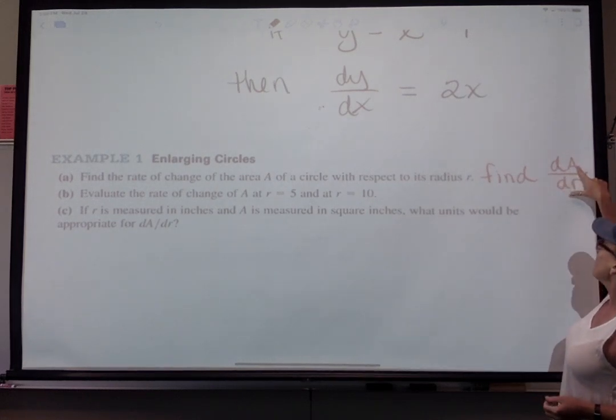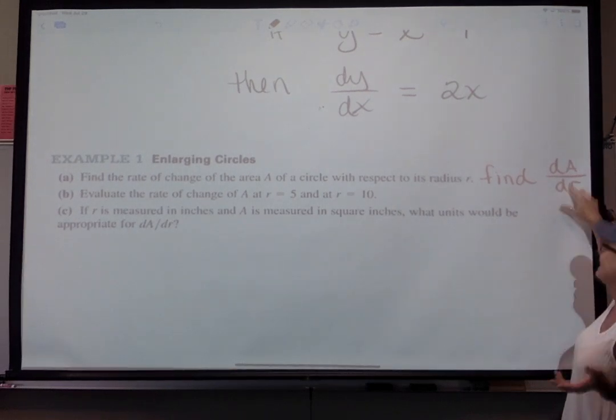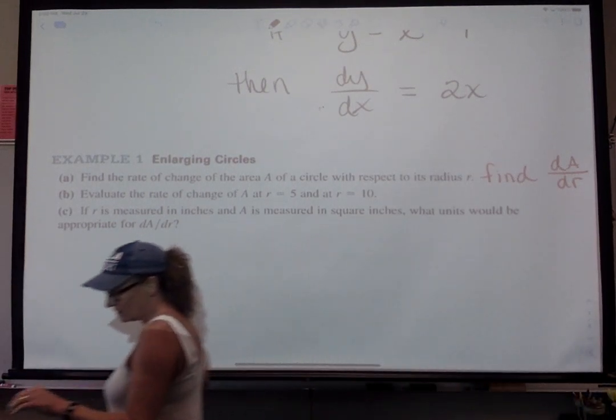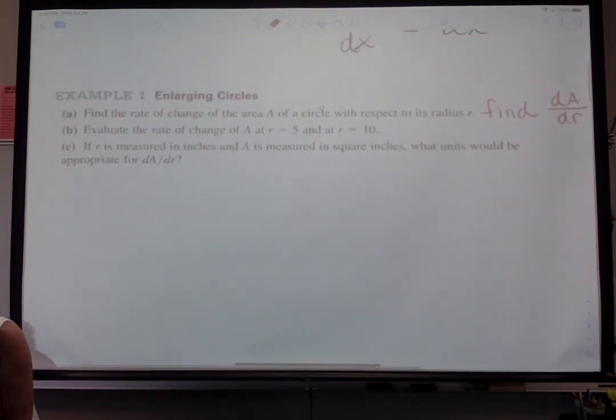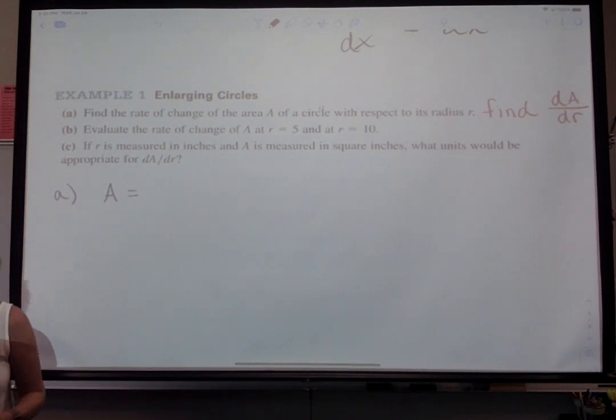Find the derivative of area with respect to R. Well, the first thing we're going to need is an area equation to do our derivative on. So for part A, our basic area equation for a circle is pi r squared.